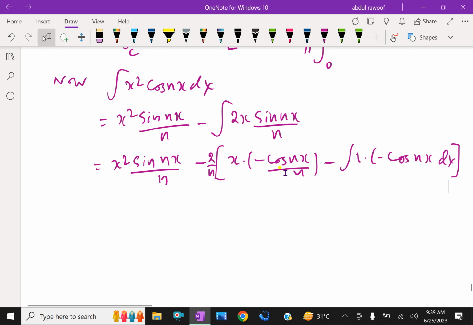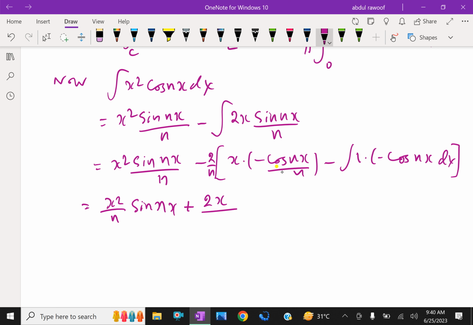Now further, x² by n sin nx minus, plus 2x over n² cos nx, this is out of integration.